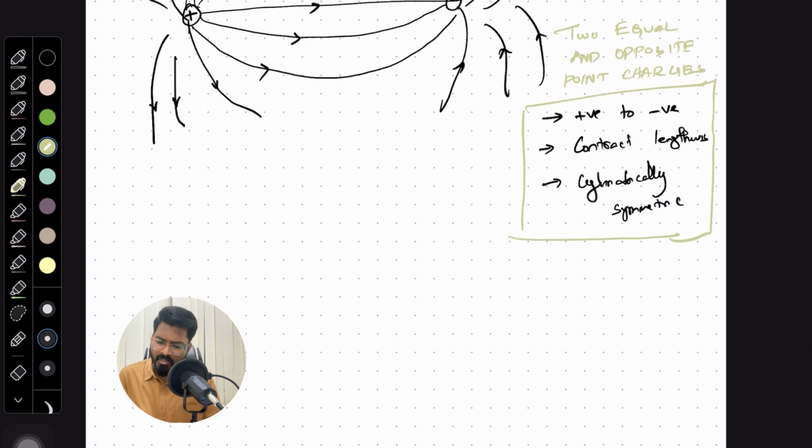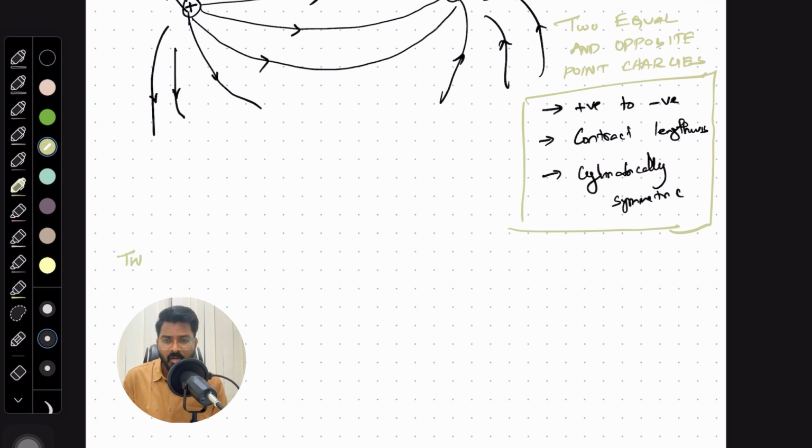Now what happens if there are two equal and not opposite, same point charges?